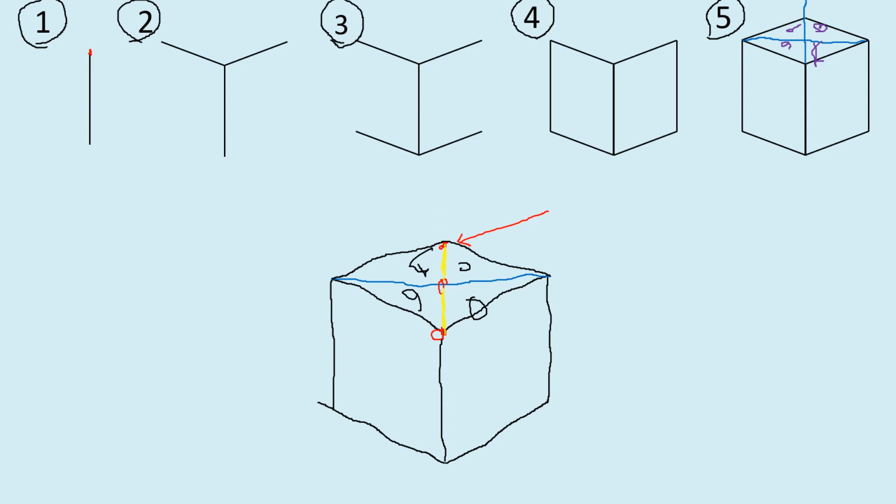And I can even try and erase or remove some of the guidelines I've previously drawn, and that will leave me with a lovely, well, a partially lovely isometric cube. There we go. So the guidelines do help. But you will have some isometric paper to practice on, so give it a good old go and see how you get on.